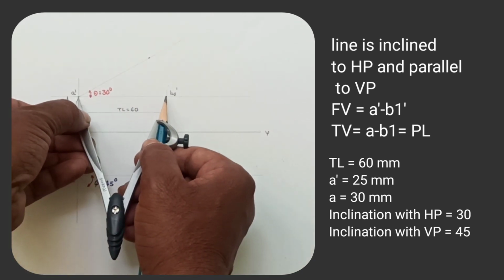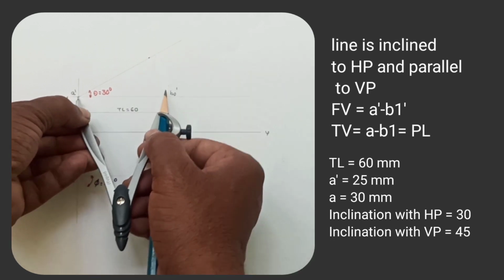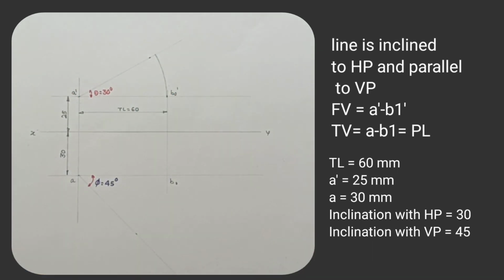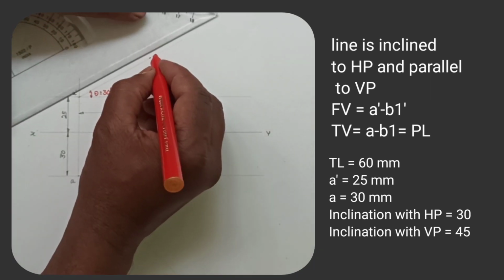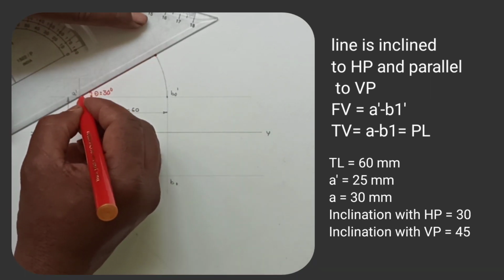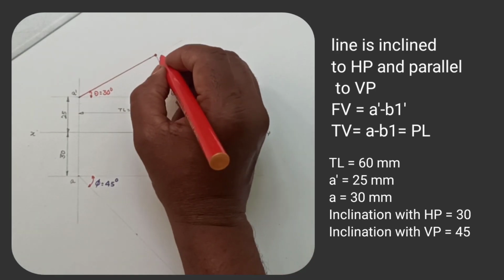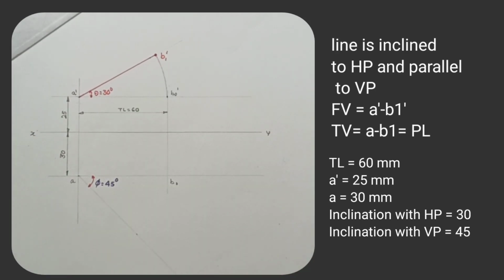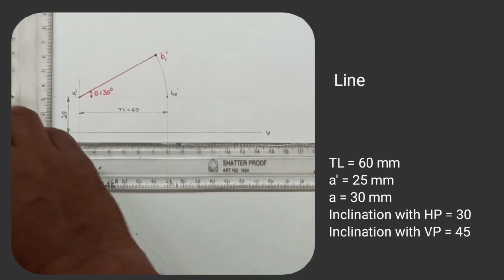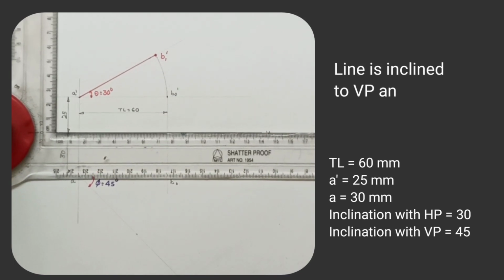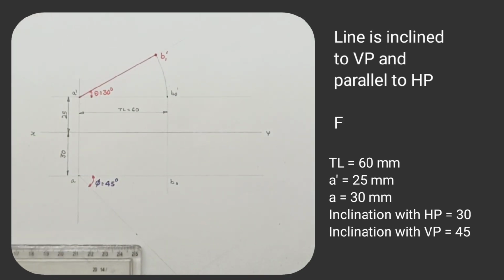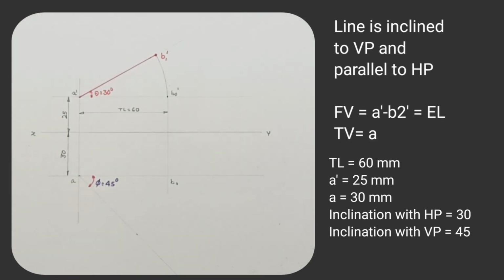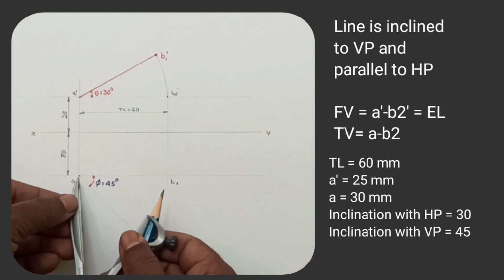Now on this inclined line, shift the true length, that is A dash B0 dash in front view, and join the front view, or draw the front view A dash B1 dash. This will indicate the front view when the line is inclined to HP and parallel to VP.